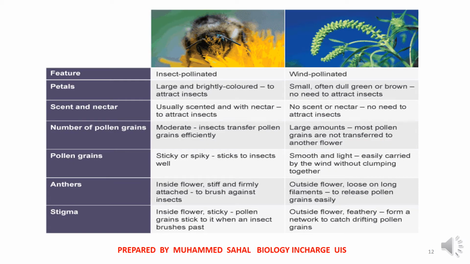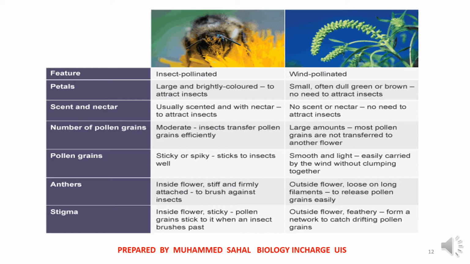The main comparison between insect pollinated and wind pollinated flowers. In the case of insect pollinated, the petals are large and brightly colored because they want to attract insects. But in the case of wind pollination, they are small, maybe dull colored, because they don't want to attract insects.